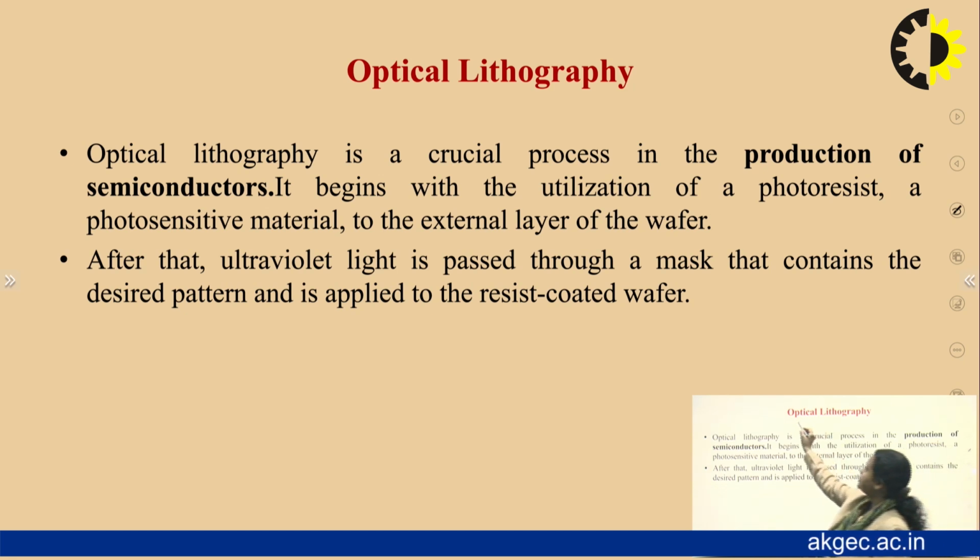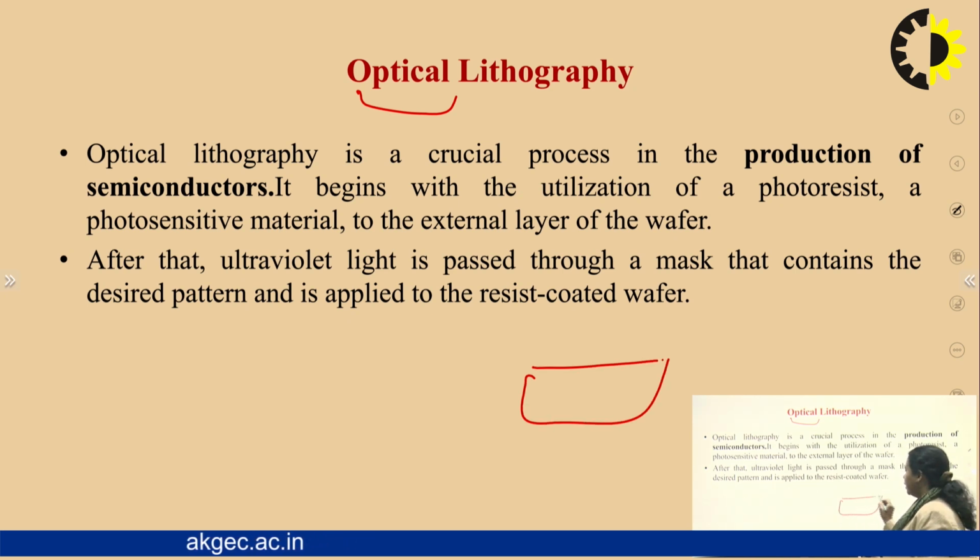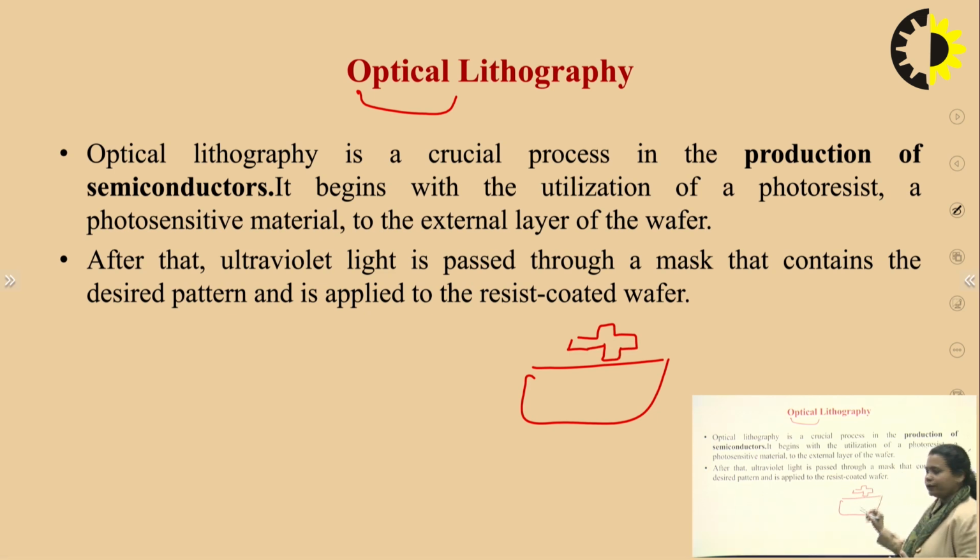And when the word optical is added to lithography, that means we are using some kind of rays. Suppose this is a substrate, and we need to transfer some kind of pattern to it. The transferring of this pattern over to the substrate is lithography.